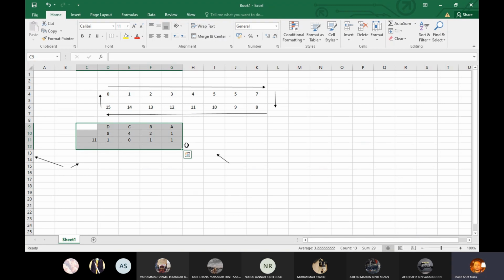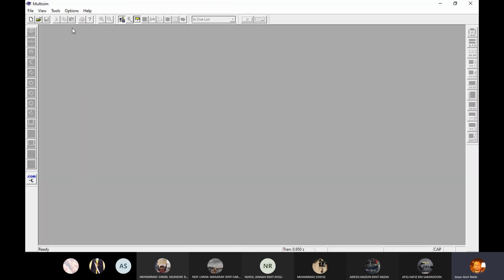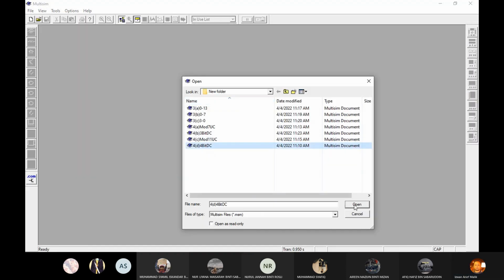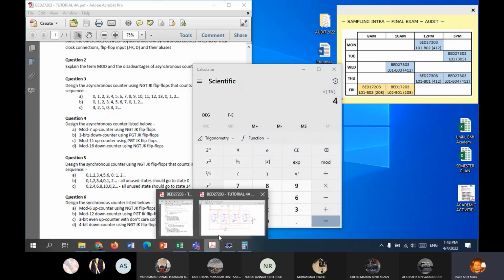So tak ada reset state, yang ni boleh delete lah. So just draw a full 4-bit counter. But it is a down counter betul tak? Okay, down counter.